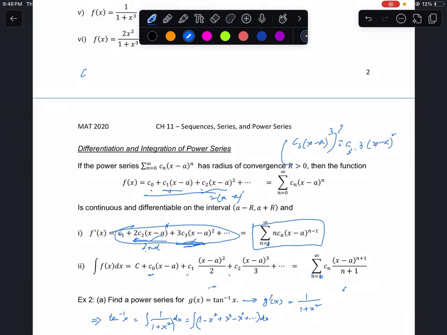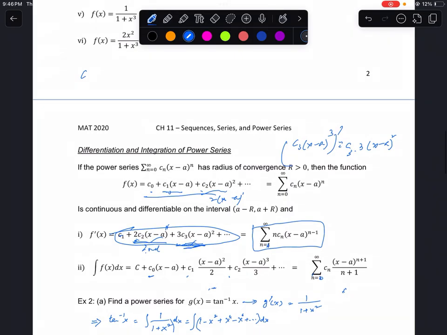Now this time we are not getting an n, or a factor of n, as a multiple, but we are getting it in the denominator. So x minus a raised to n plus 1, over n plus 1. This is your given series.